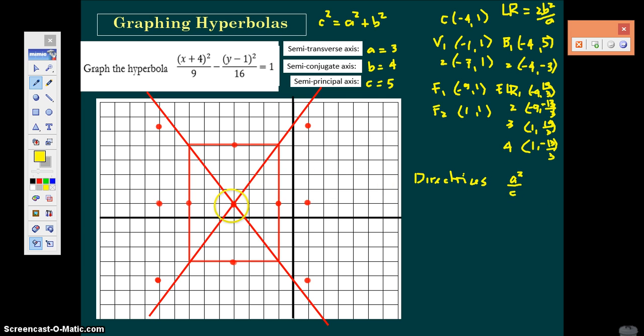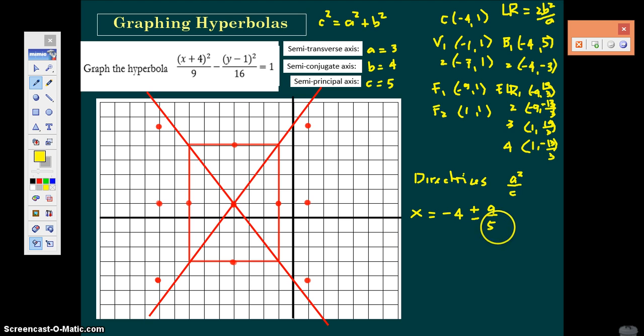So since the directrices are vertical, the equations are x equal to, from the center, which is negative 4, we will simply add and subtract a squared over c, which is 9 over 5. A is 3, therefore a squared is 9.